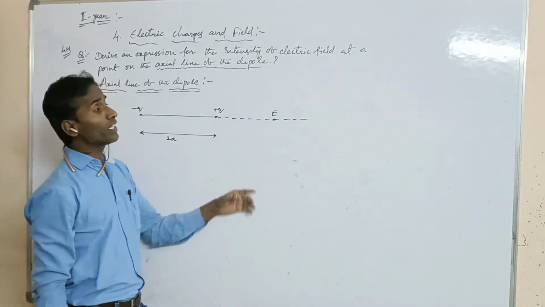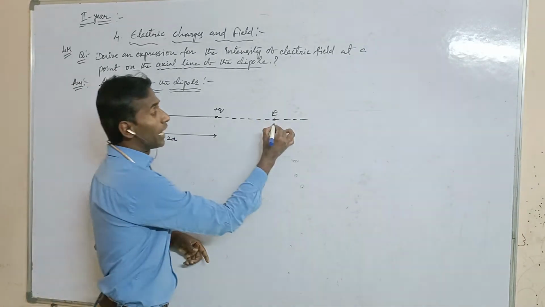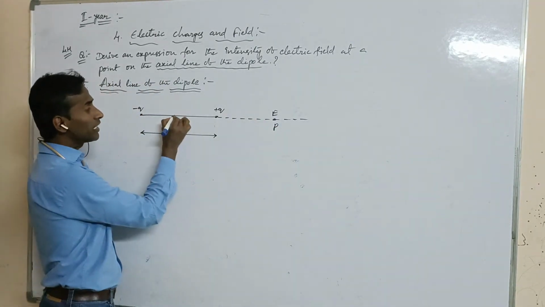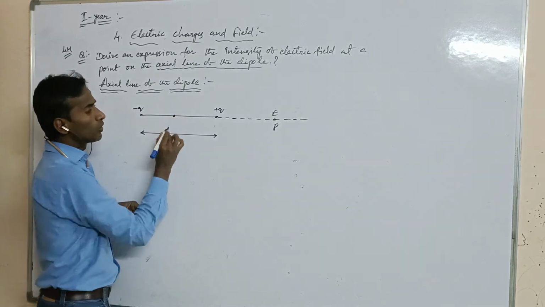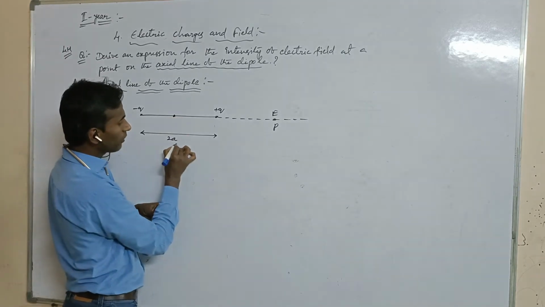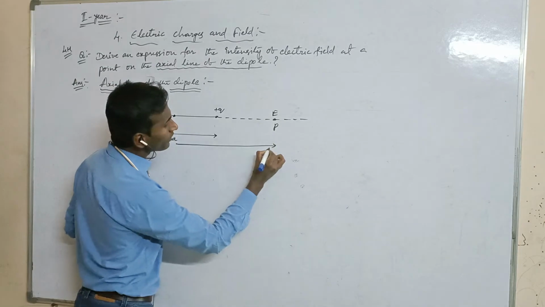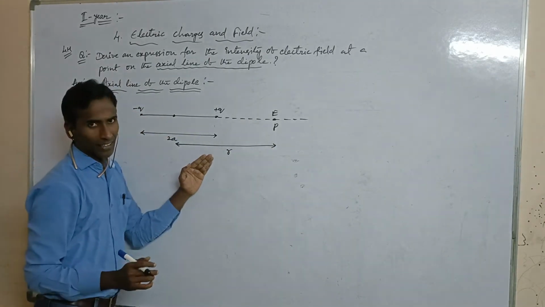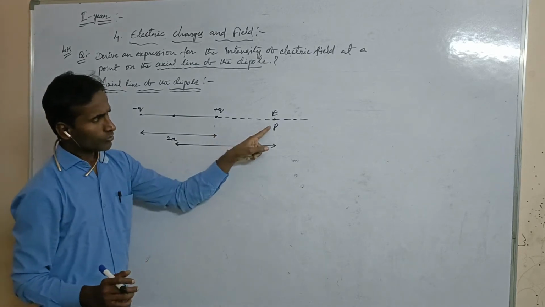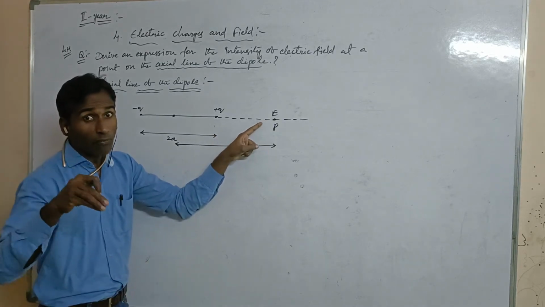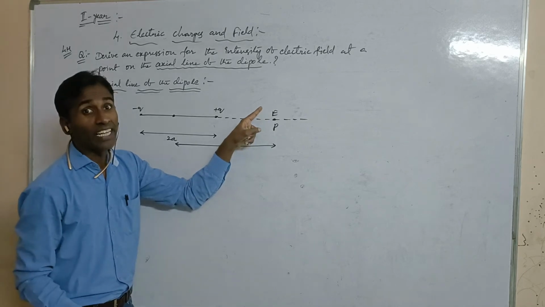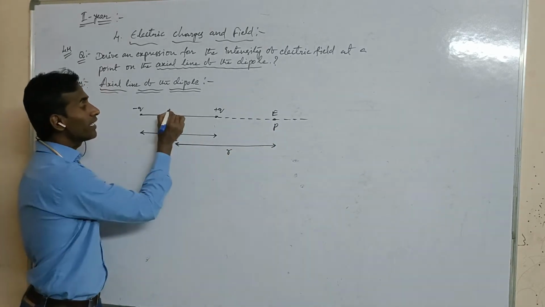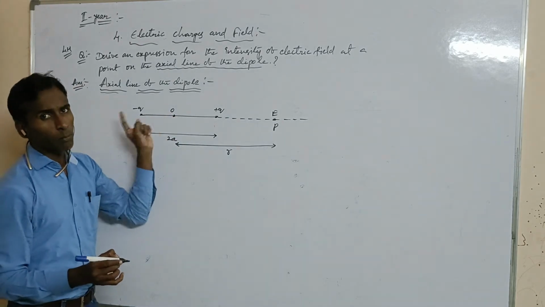We have to find the intensity of electric field E at point P, which is separated by a distance from the center O of the dipole.